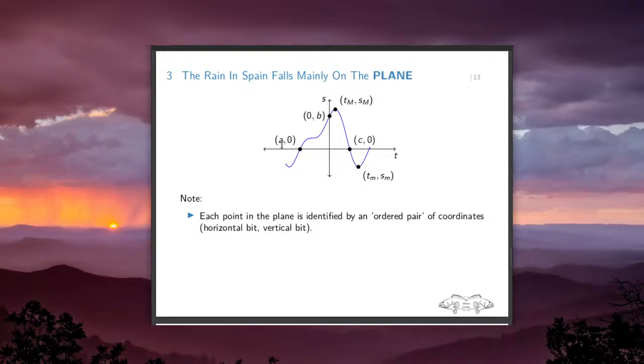Notice that the first coordinate is the horizontal bit, so a is the distance between the origin and this point right here on the horizontal axis. The vertical bit is 0 because it's neither below nor above the horizontal axis. So that's what 0 is. Here's a similar point, except it's sort of the flip, right?